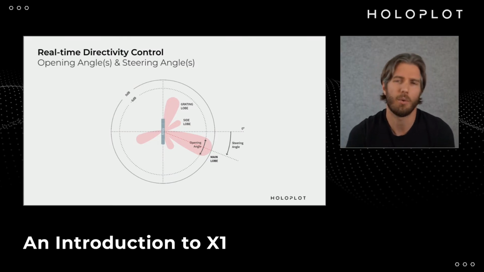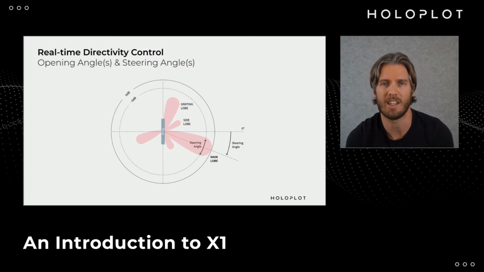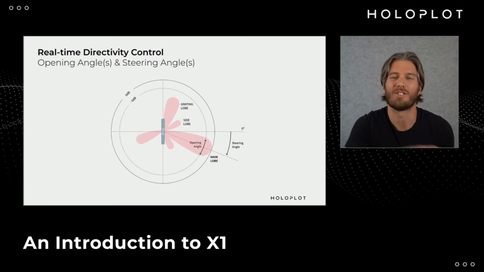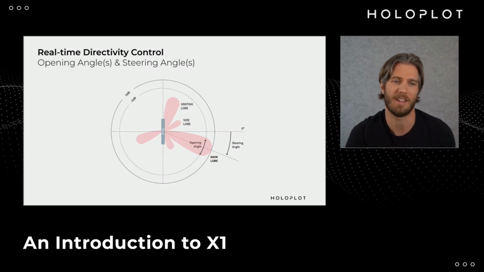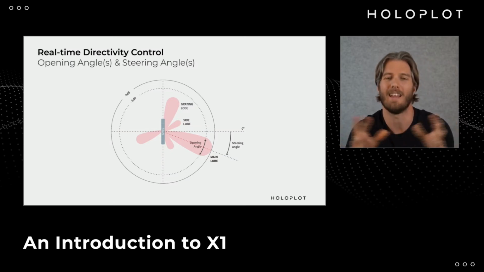Now, obviously we understand this, and these are key principles of beam steering. The Holoplot X1 was certainly designed to reduce the spatial aliasing by minimizing the spacing between the drivers, but also by making a pseudo-random arrangement of the drivers as well, so there isn't a specific frequency that is uniformly hit.